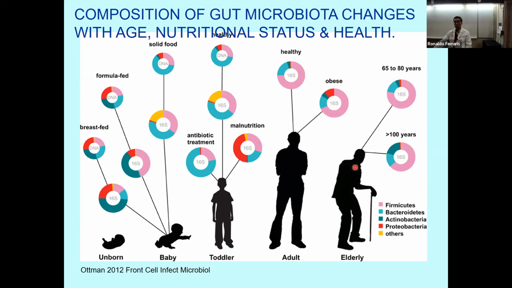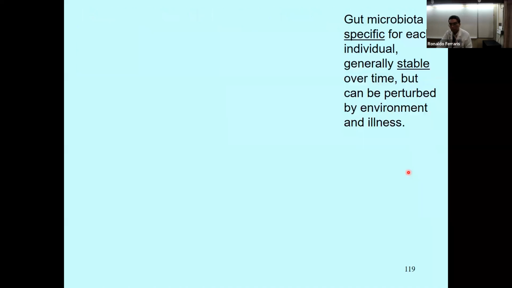And aging is related to slower or disrupted motility, okay? They also have a different kind of gut microbiota composition. And here I illustrate that each of us harbors a unique population of gut microbiota.